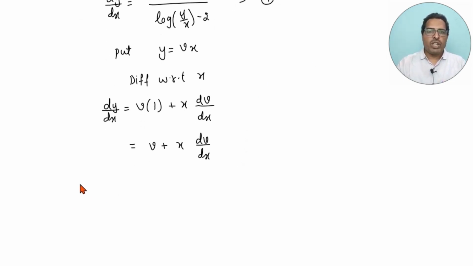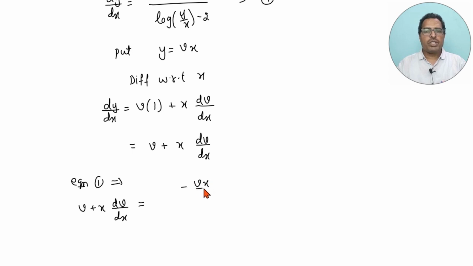So equation 1 can be rewritten as v plus x into dv by dx is equal to, on the right hand side, minus y, whose value is vx, divided by x, whole divided by log of y, whose value is vx, divided by x, minus 2. We see that this x and x will cancel out.